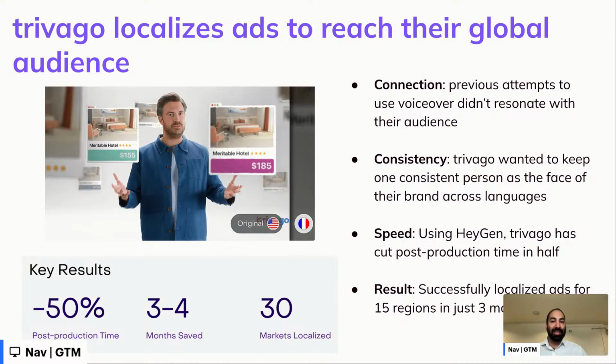So here you see an example, and you can actually watch this on our website under our customer stories, of Trivago's ad being translated to French. They've also translated it to other languages like German to help them go to market in over 30 different markets. And they've seen significant cost savings as a result of this process.